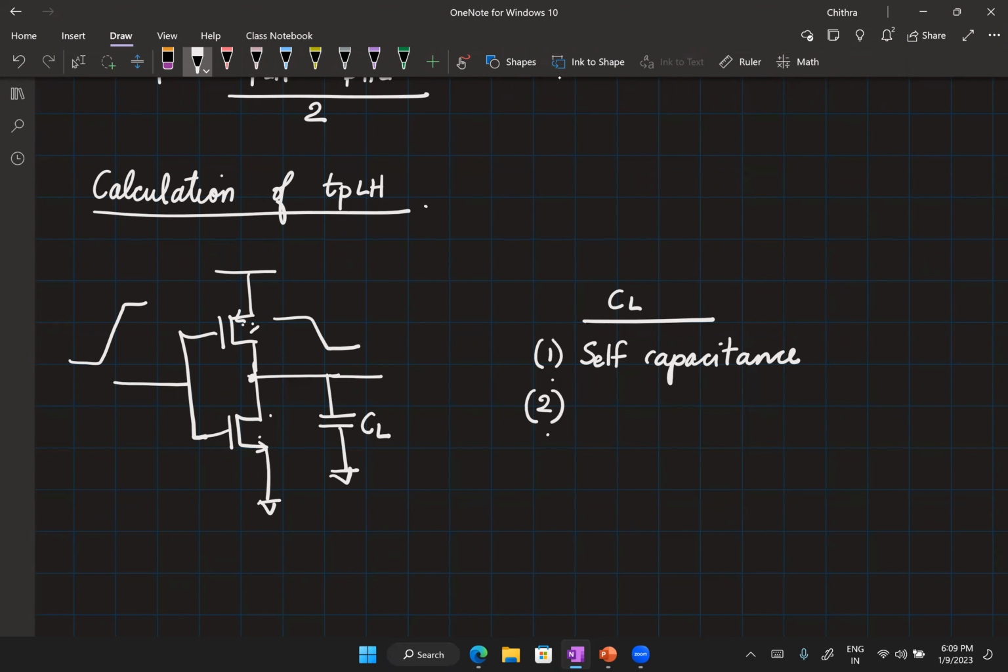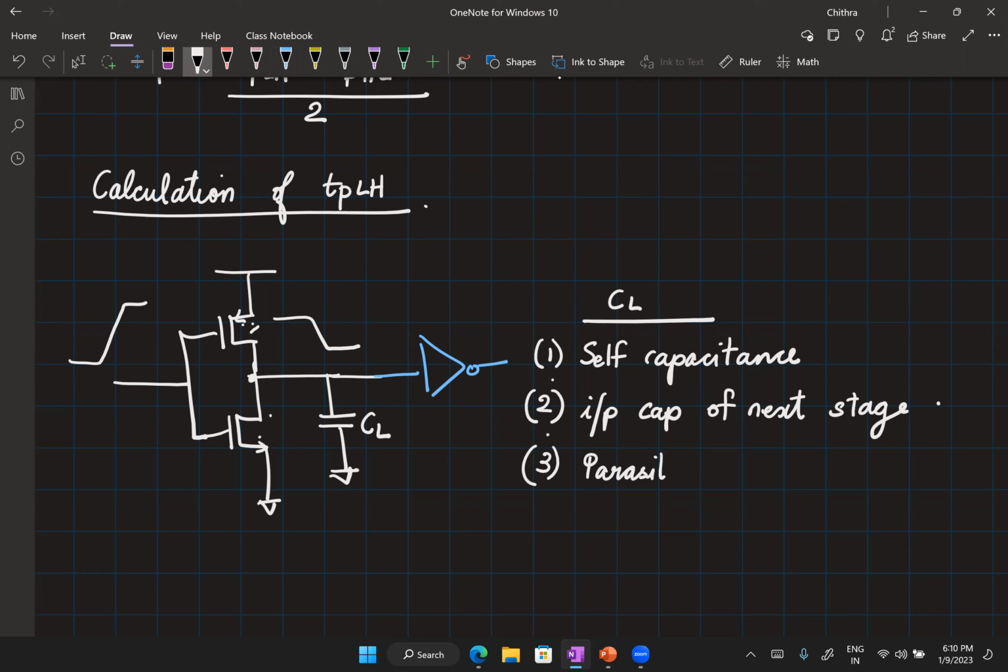Next stage. So the input capacitance of the next stage. You can think of this driving another inverter. Then the gate capacitance of the next stage will also contribute to CL, right? And we can also have parasitics associated with routing.